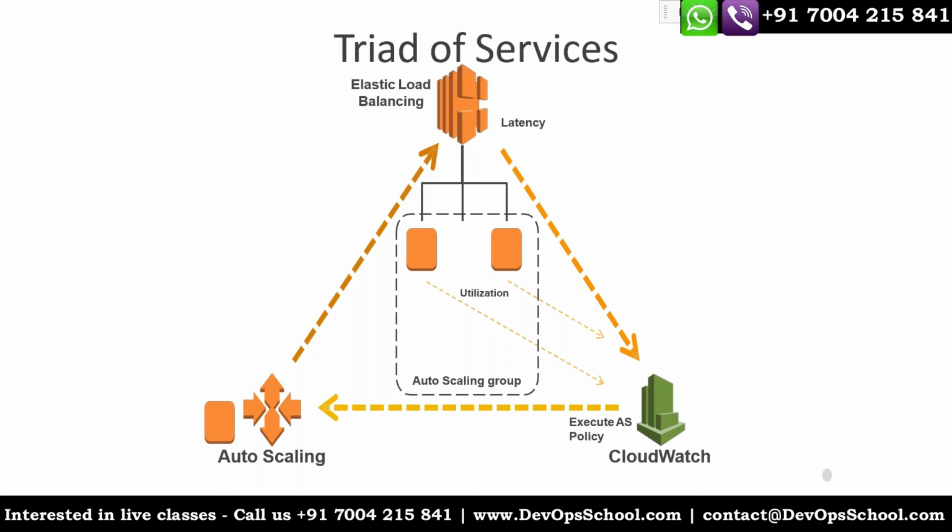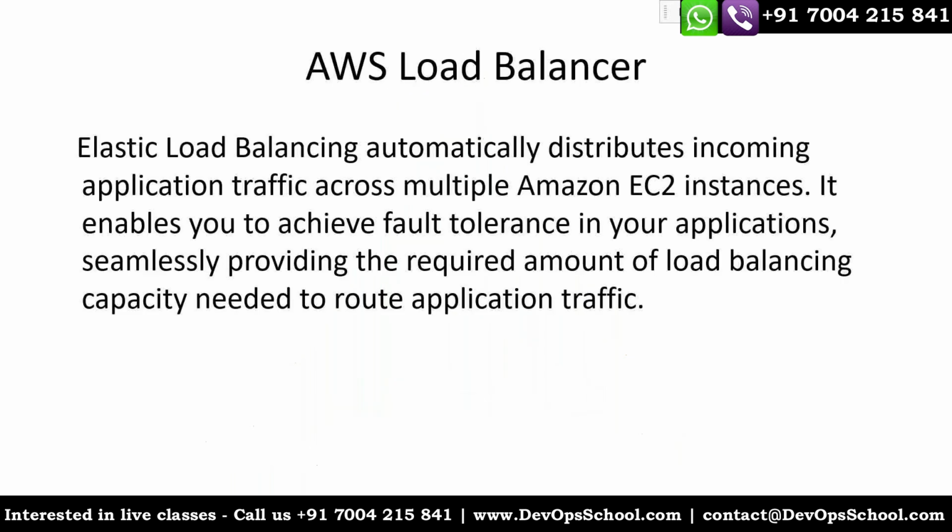The load balancer basically balances the load across multiple servers, and for that balancing it needs the latency information from CloudWatch. CloudWatch executes as a policy for auto scaling to scale up and down, and auto scaling can also inform the elastic load balancing accordingly. So now let's start with the load balancer. I think you know what load balancing is, all of you? Are you comfortable with the load balancer?